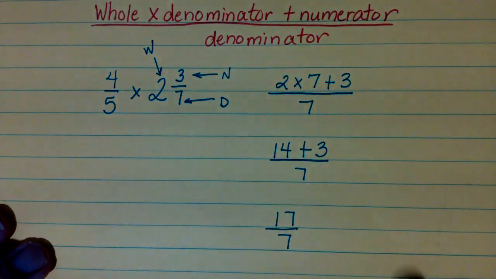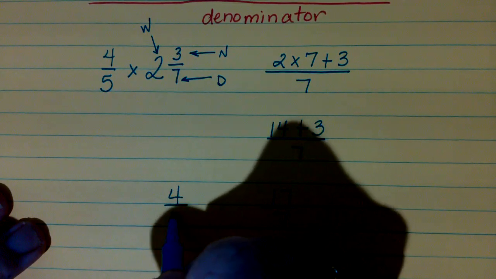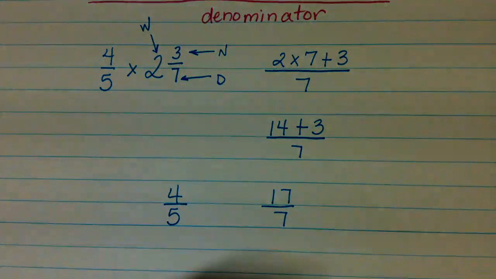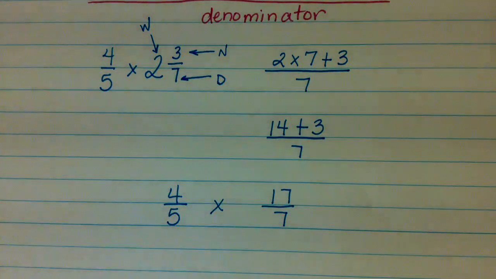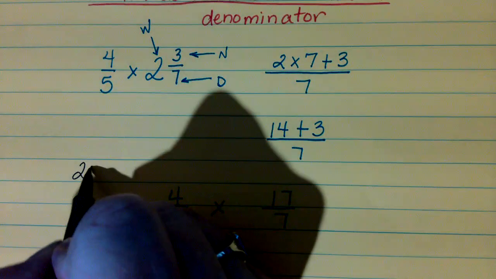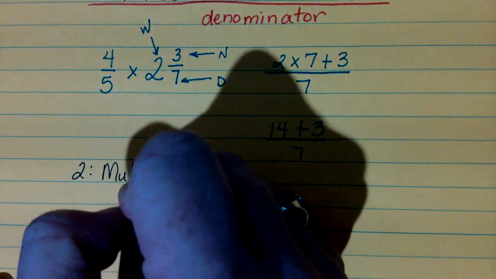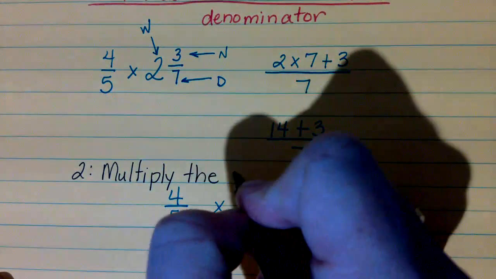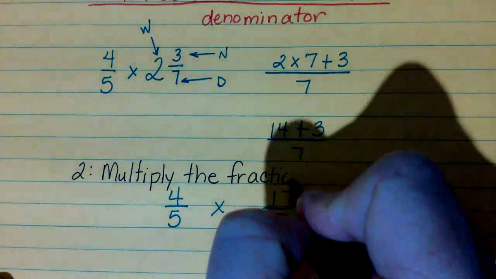Now I can do the multiplication. So step 2 is to actually multiply the fractions. And remember that when we multiply the fractions, we multiply the numerator times the numerator and the denominator times the denominator.